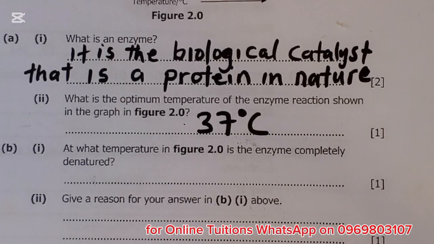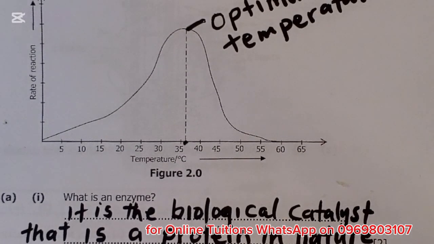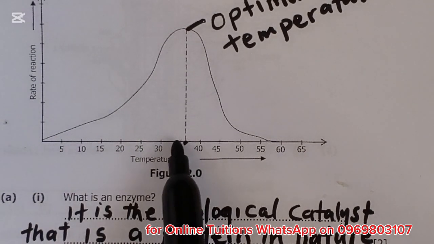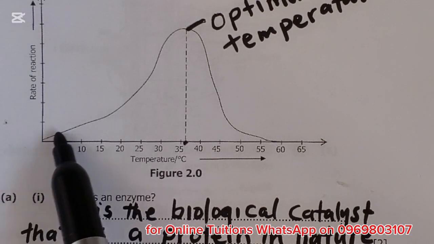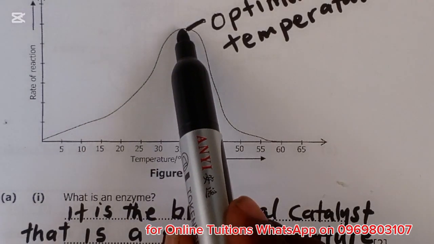So B1, at what temperature in figure 2.0 is the enzyme completely denatured? When you look at the graph, as temperature was increasing, the rate of reaction of the enzyme was also increasing.